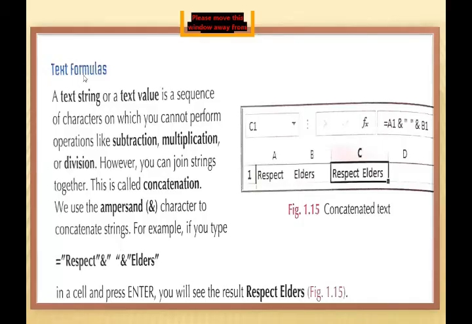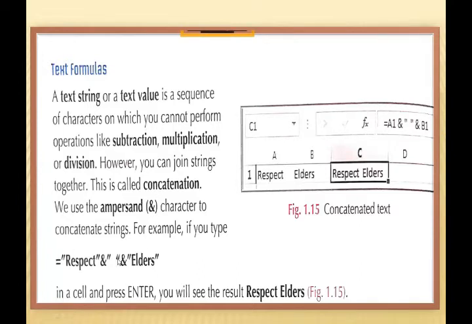Now here I am talking about text formulas. These are two words, respect and elders. These two are text words in which you can't subtract, multiply or divide. If we join these two words, it is called concatenation, and this sign is called the ampersand.